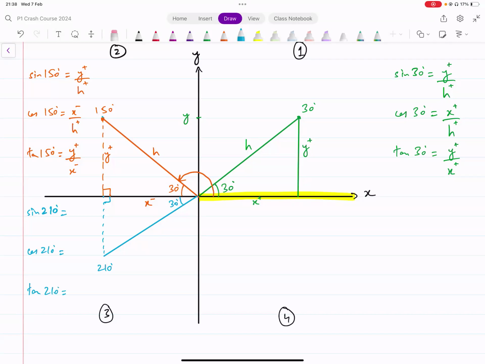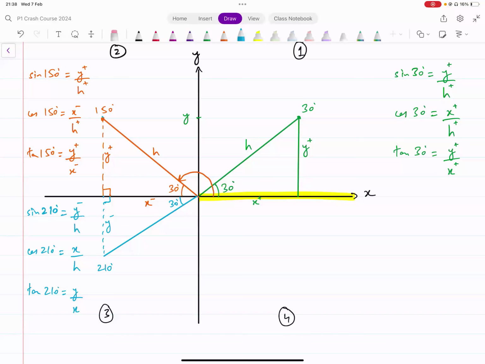What about sine? How is sine defined? Sine is defined as y over h, cos is defined as x over h, tan is defined as y over x. Now, in the third quadrant that we have here, x is negative, and if you think about it, y is also going to be negative. X and y both are negative.